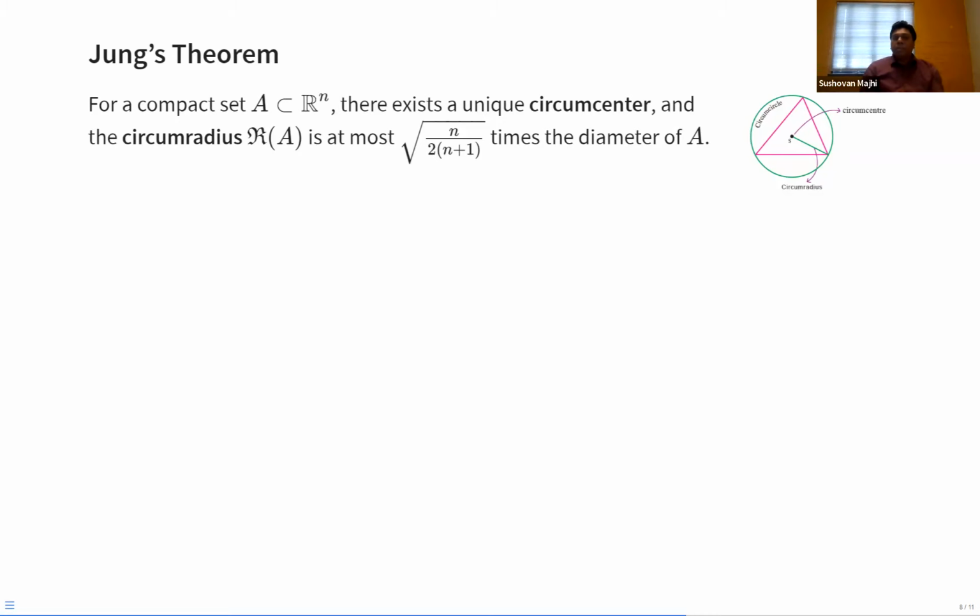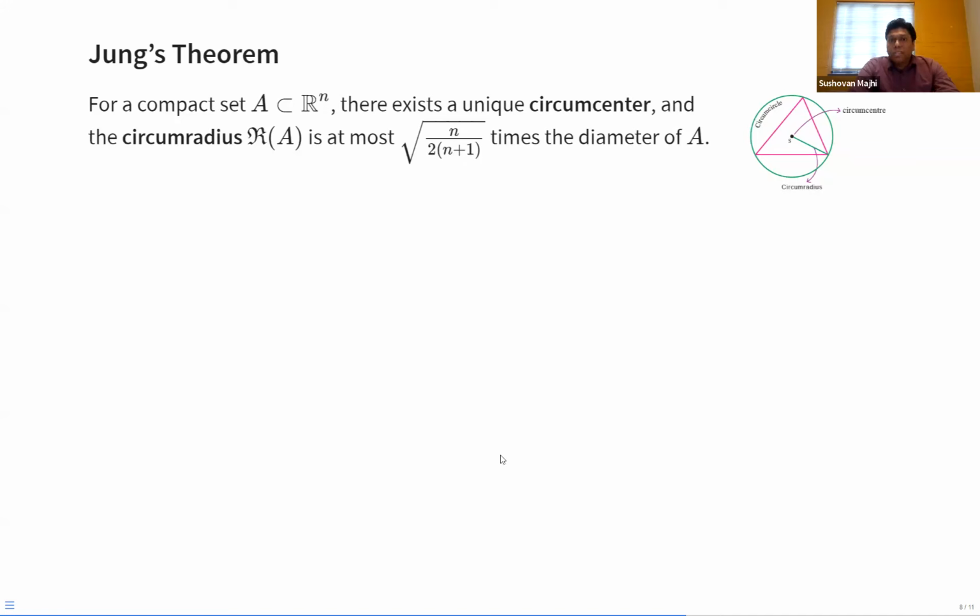But also, Jung's theorem states that if you have control over the diameter of the set A, for example, for this pink triangle, the diameter is the longest side, right? If you happen to know the longest side, then you can control the circumradius. The circumradius is going to be strictly smaller than the diameter.